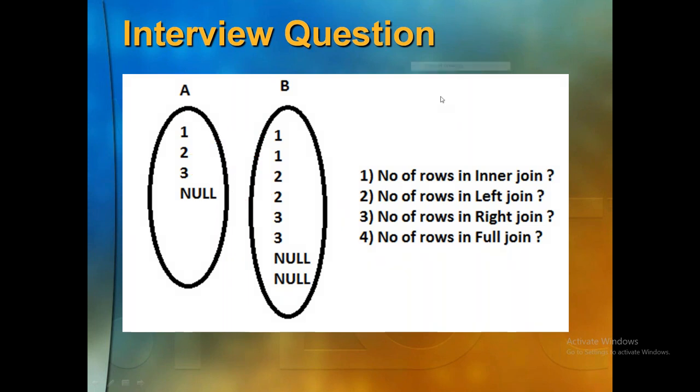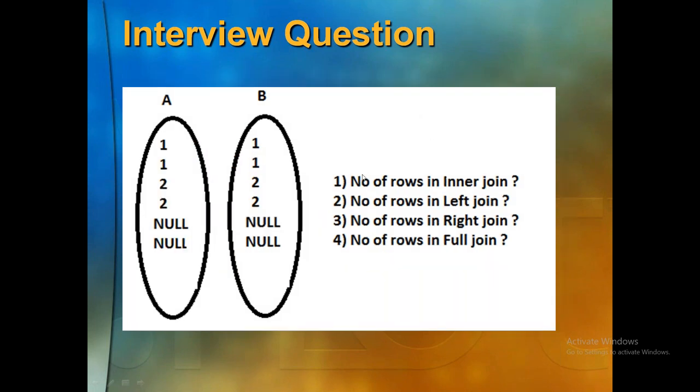The next one, let us understand the number of rows here as well. 1 into 1 and you have 1 into 1, so 1 comma 1, again 1 comma 1, and 1 comma 1, again 1 comma 1. Total 4 rows for 1.